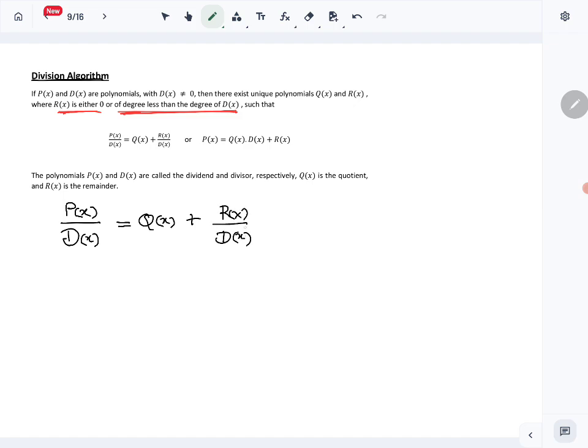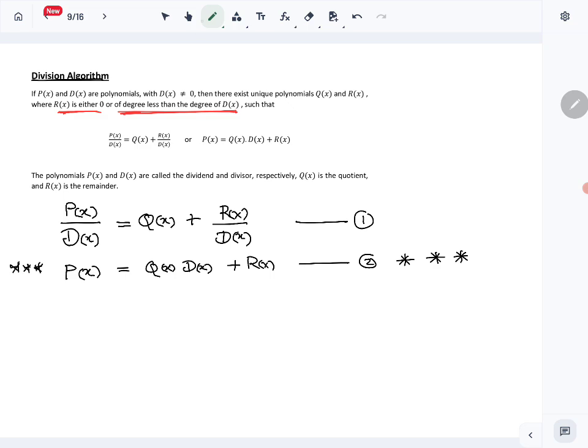That is the first form. Then the second form is where we get rid of d(x) from the denominator. So multiply everything by d(x). So you get p(x) equals q(x) times d(x) plus r(x). The second form is the one we are going to mostly use when doing problems. Okay, remember that, the second form, right?